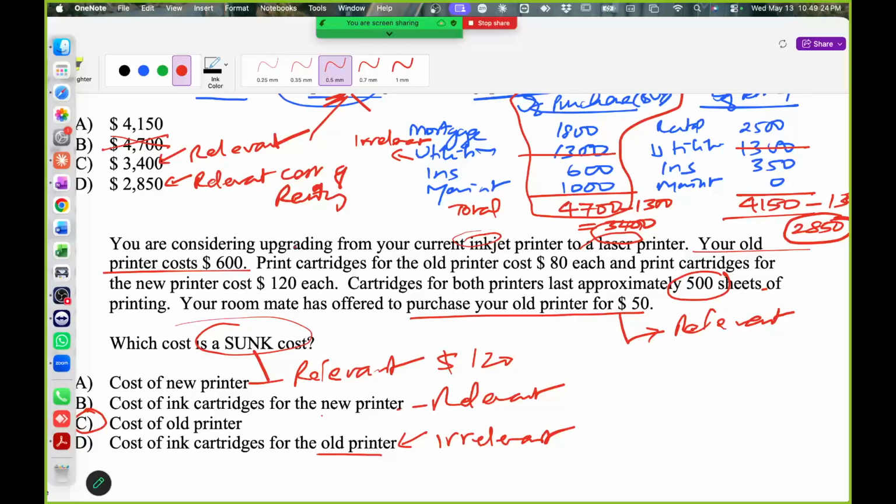See, two, three, four questions is what we did tonight. Alternatives.